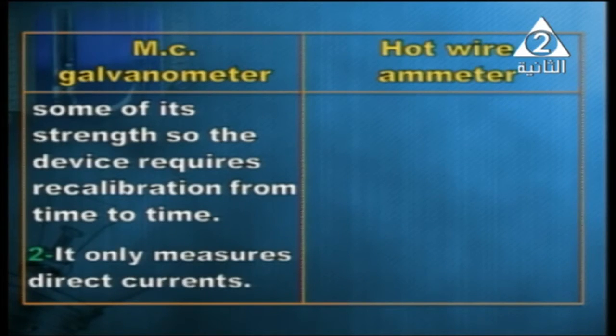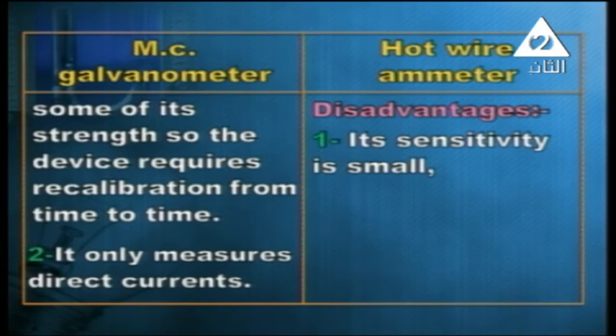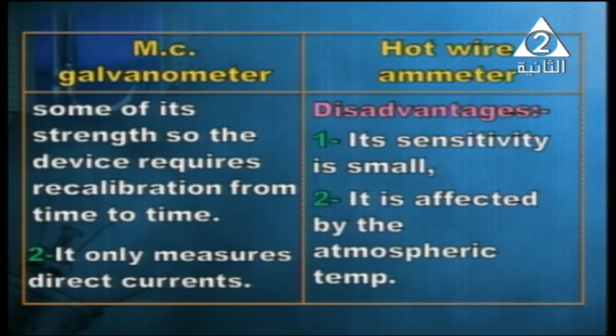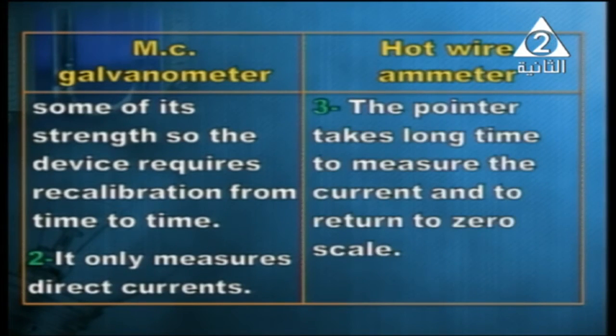Also, it measures DC only. Talking about disadvantages of the hot wire emitter, its sensitivity is small. It is affected by atmospheric temperature. Also, the pointer takes a long time to measure the current, and it takes longer time to return to 0 when the current is disconnected.